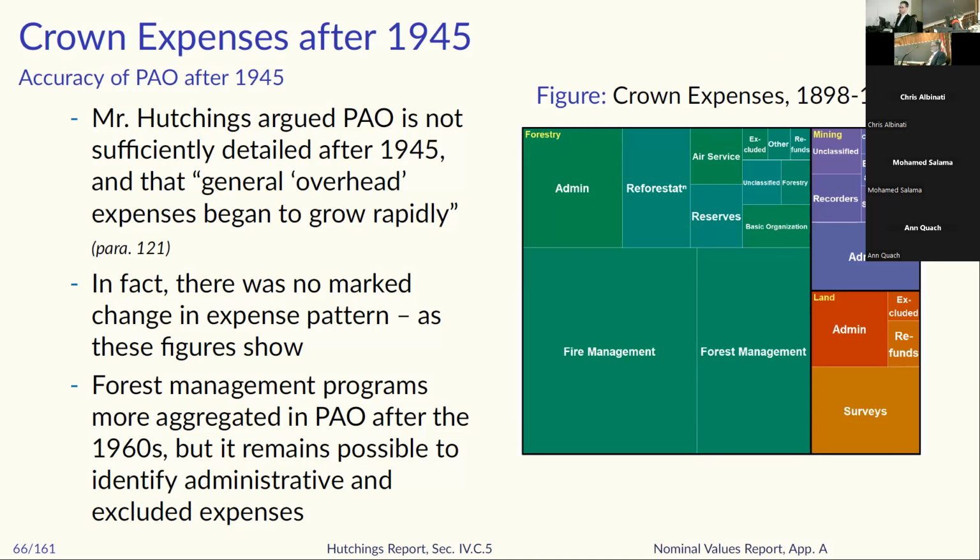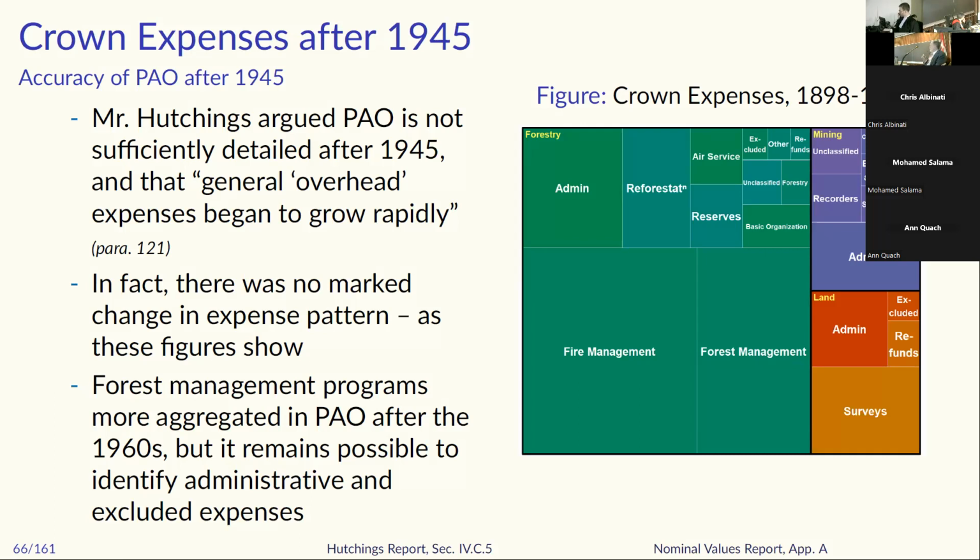If they're not explicitly disaggregated in the PAO in any given year into their components, we put it into a category called forest management. So in some years, fire management would be a separate category in the PAO, in which case I would put it into fire management.